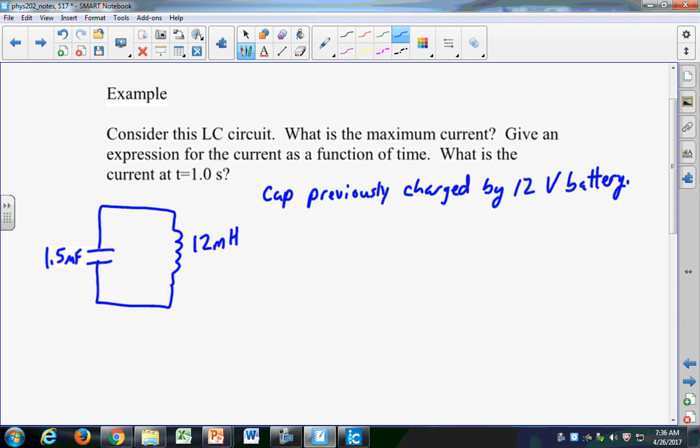All right, so first of all, what is the maximum current? I want to know what is the maximum current. We assume that the circuit loses no energy. So this is an assumption that we have.